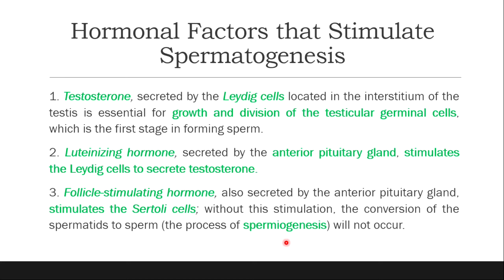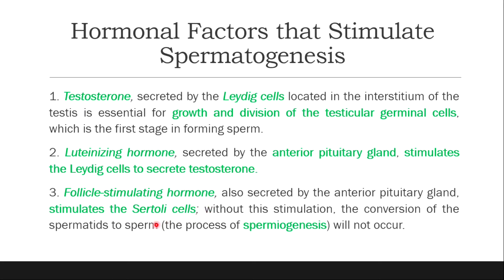To mature sperm. So kailangan kasi itong spermatogenesis para maka-form yung spermatids natin ng flagellum or yung tail niya para maka-swim siya or maging motile siya in a fluid medium. Okay? So, ang ginagawa nitong follicle-stimulating hormone natin by the anterior pituitary gland is i-stimulate niya itong supporting cells natin na tinatawag na Sertoli cells.